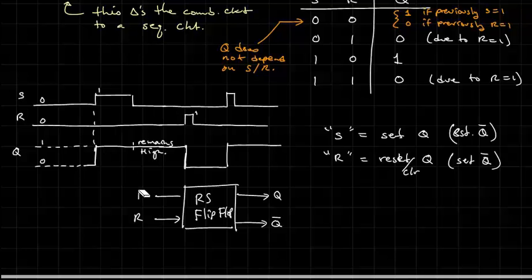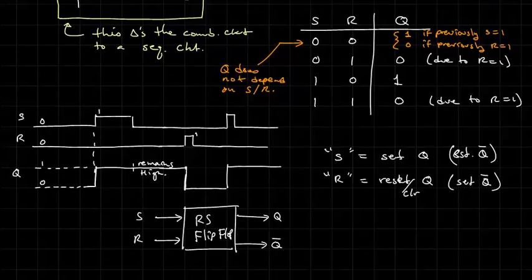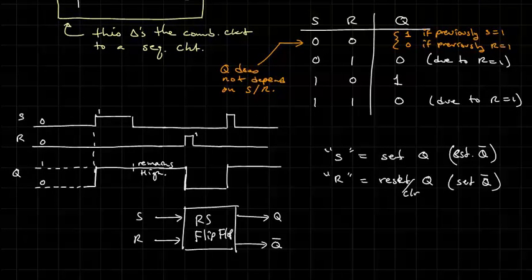And you can implement this in a number of different ways, but in the end, functionally at an abstracted level, as a sequential circuit, it operates according to this truth table right here, with the caveat that when both inputs are low, Q depends on the previous history of the inputs.